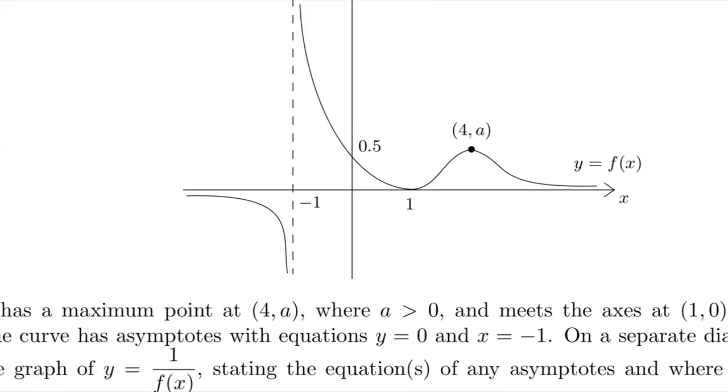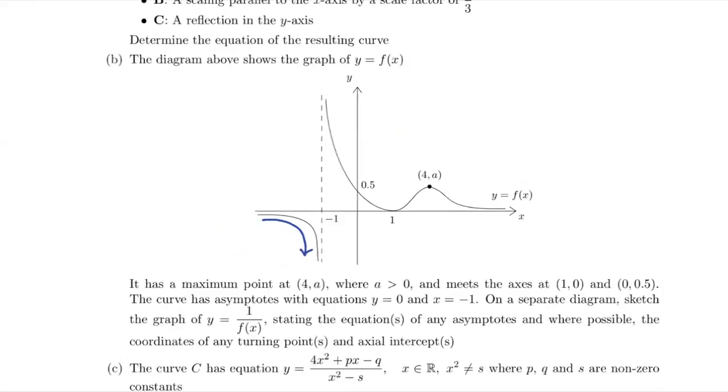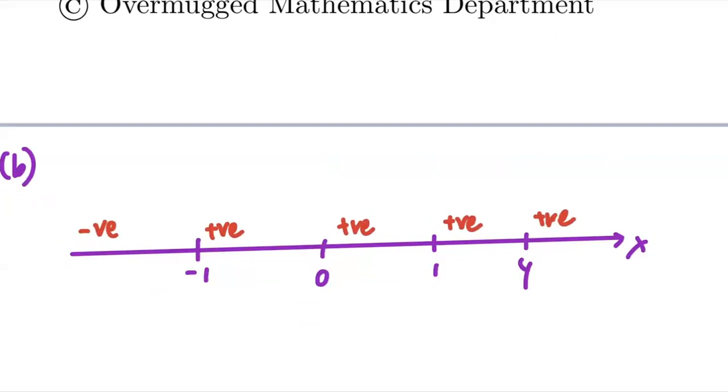We start from left to right, and we can see that the values are going down. Since the graph is pointing down, your 1 over f(x) should point up. It's the reverse. Now from -1 to 0, the values are going down, so it should go up.